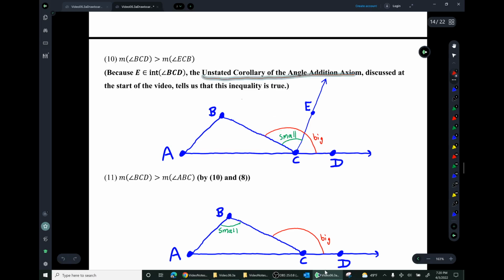So in this diagram, we have a big red angle and a small green angle. But remember, this green angle here is congruent to this green angle here. So that red angle is also bigger than this angle. And that was what we wanted to prove in part 1.